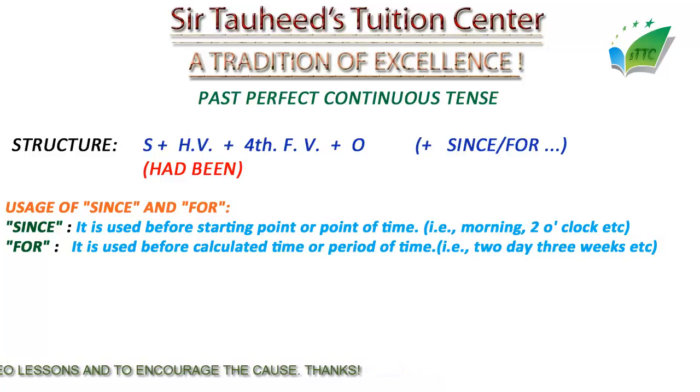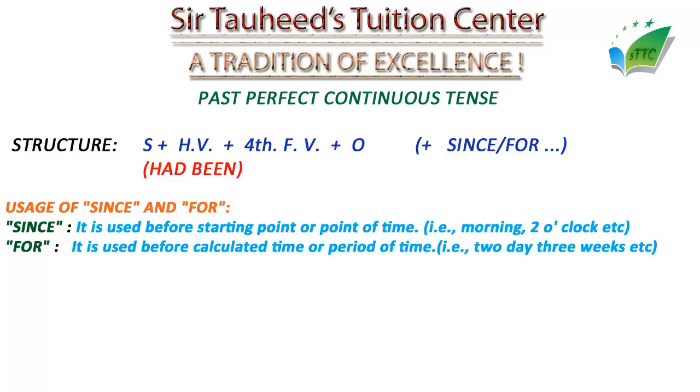Means this is the time when the activity started. This only shows the starting point or the starting time of the activity, but does not show how long it went on. The second preposition we use is for, and this is used for duration or period of time.